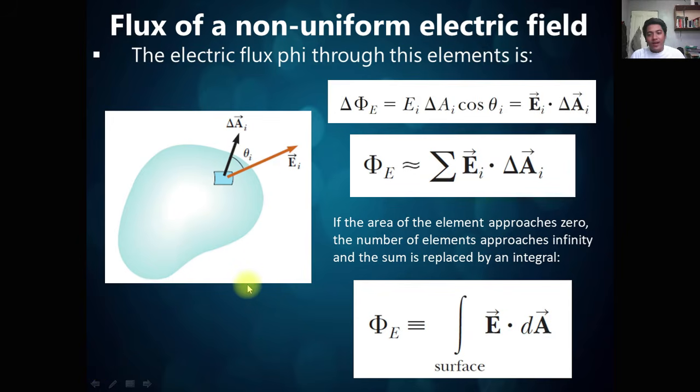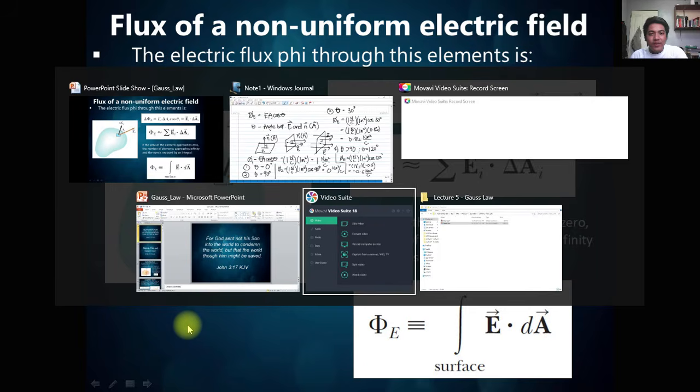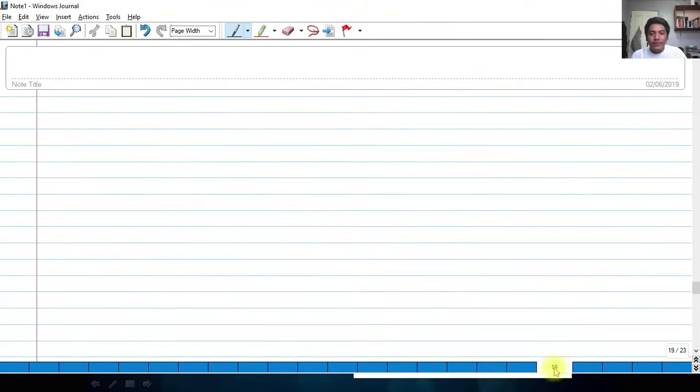So if we can get the area by dividing it into infinitely small areas, we can use the integral. And by the way, another definition or formula for electric flux, if you have a non-uniform electric field, is simply the integral of the dot product of the electric field vector and the differential area vector, or the differential normal vector.